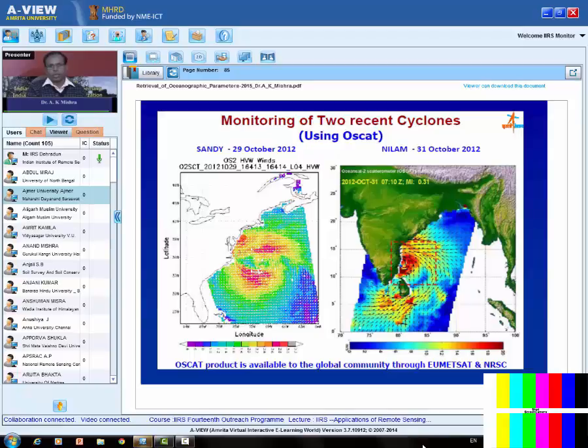This image shows you the scatterometer products in the recent two cyclones, that is the wind speed over the ocean for Sandy on 29th October, and Neelam on about 31st October.